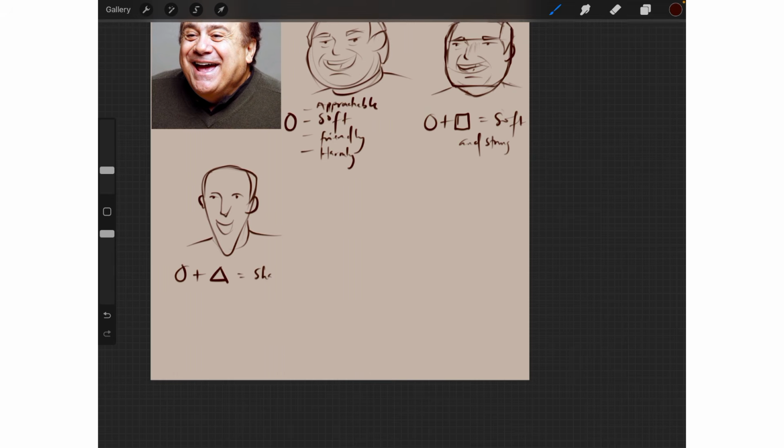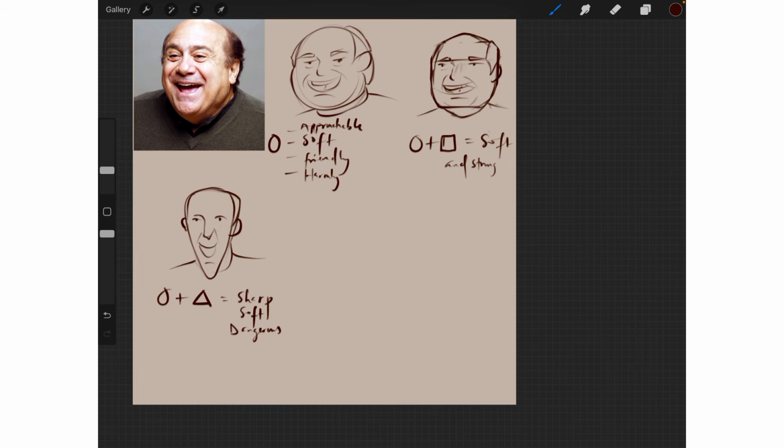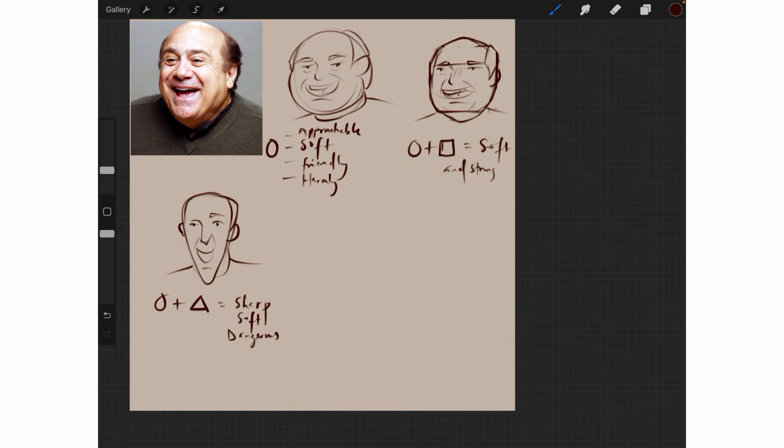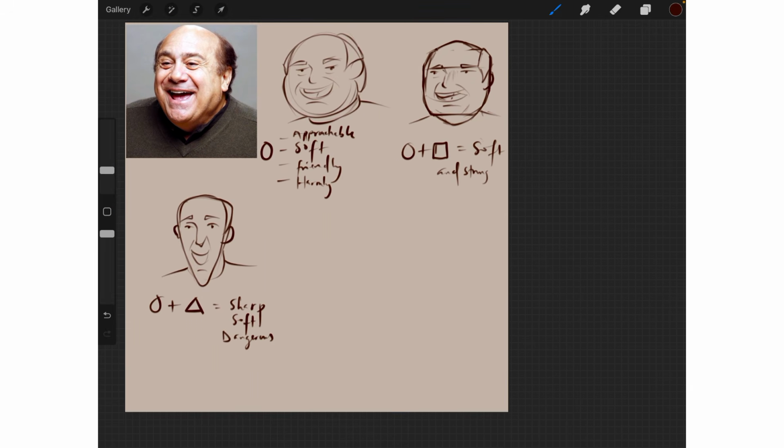So an oval with a rectangle shape, depicting that our character is quite sharp, soft, and friendly, and also dangerous at the same time. So these three variations of characters are depicting different personalities, and this is how you can combine shapes to create different personalities in your character design.